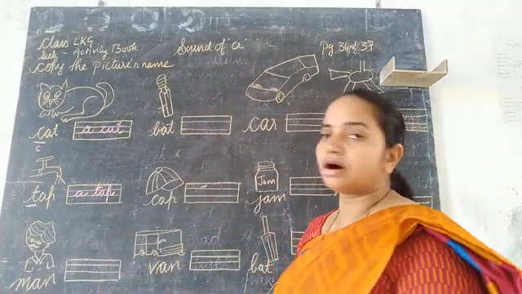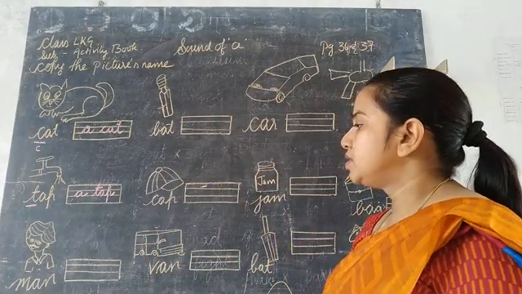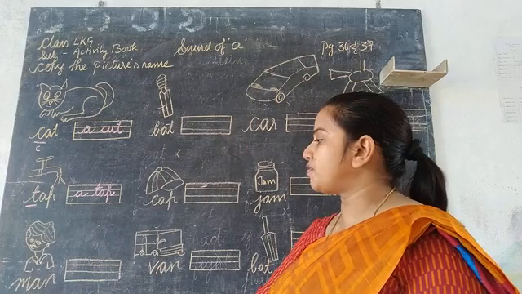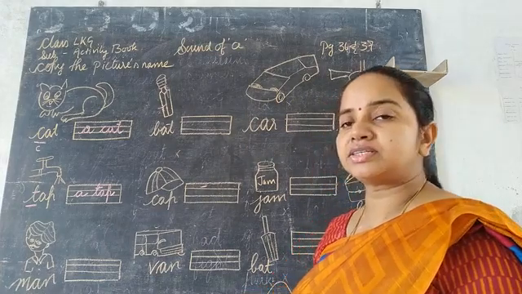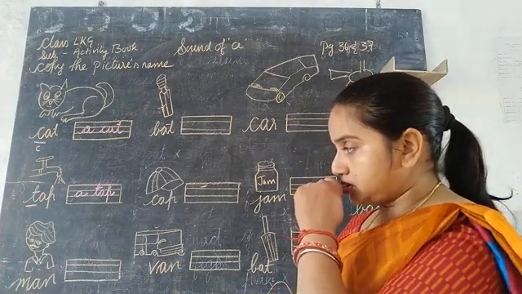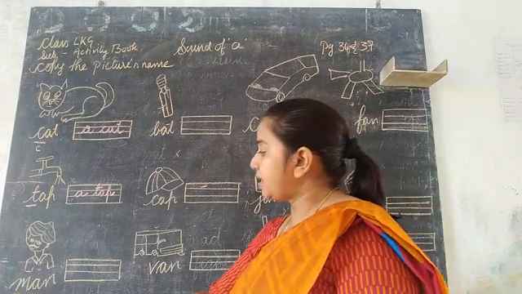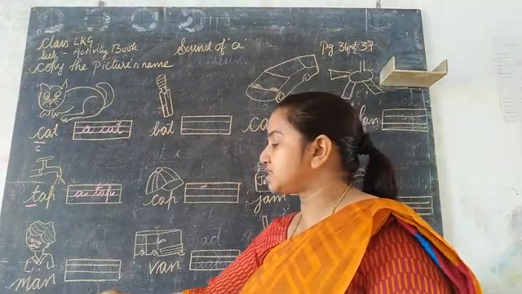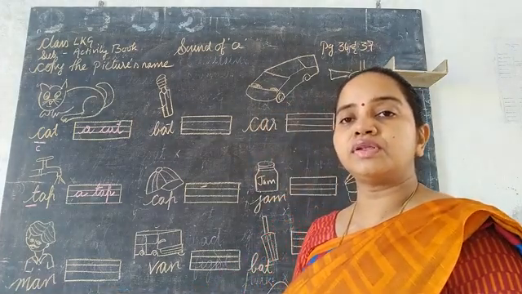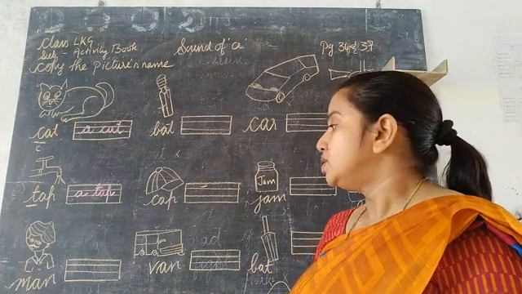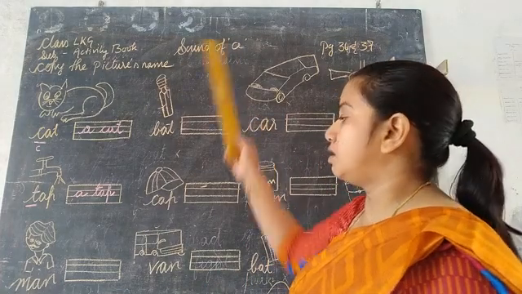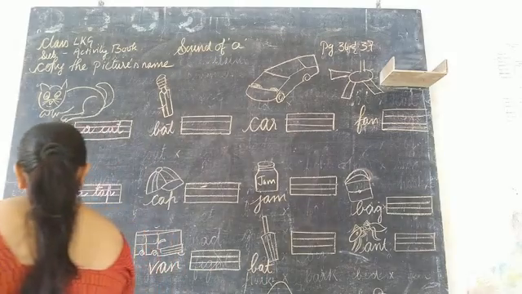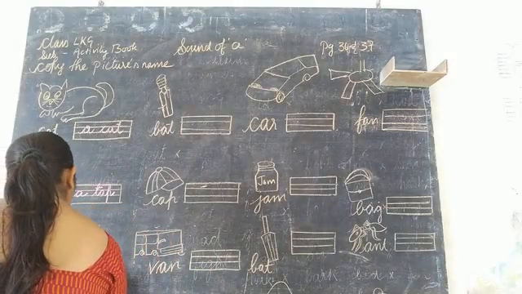After that there is a third picture here of a man. Let's see if the first letter is a vowel or a consonant. M-A-N. The first letter doesn't fit in our vowels, so it will automatically be a consonant. So what do we use here? A man.